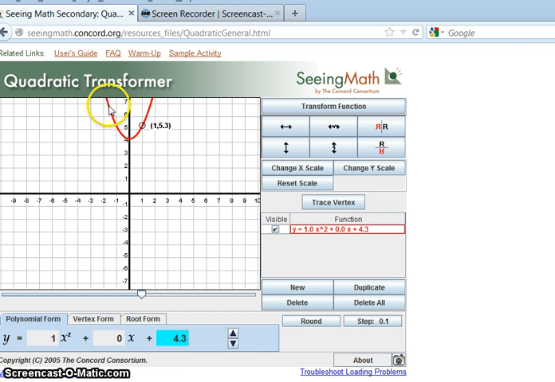I understand that it looks like it's getting smaller, but that's just because you can't see the rest of the parabola that's up there. Now I take the whole parabola and move it down. So now c is -6, and you can see that I've moved it down 6 so that the y-intercept is -6, and now I'm going to move it back up again. I can move it up to 2.